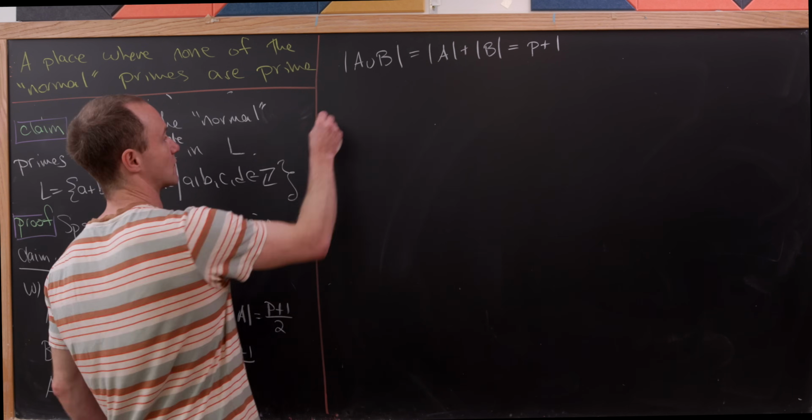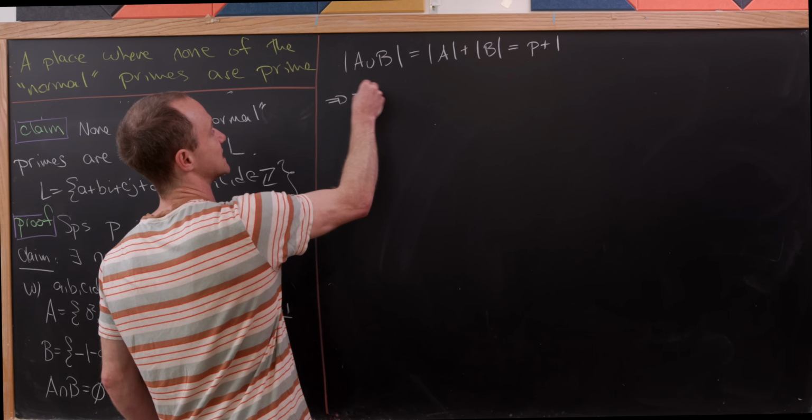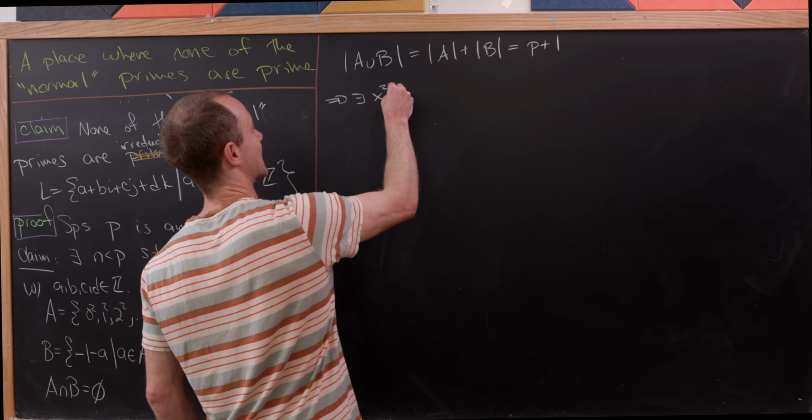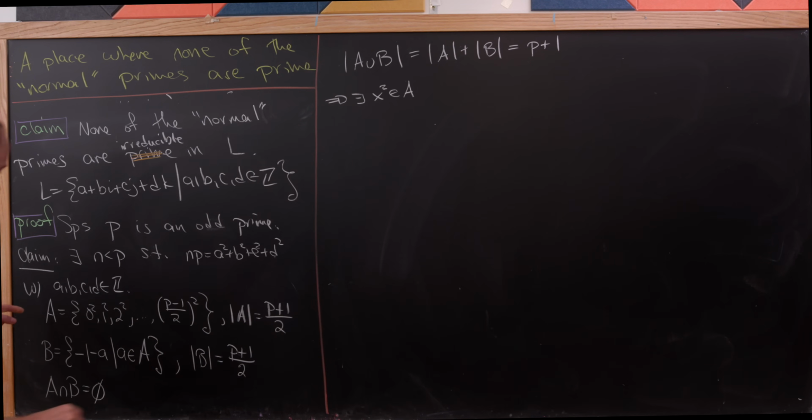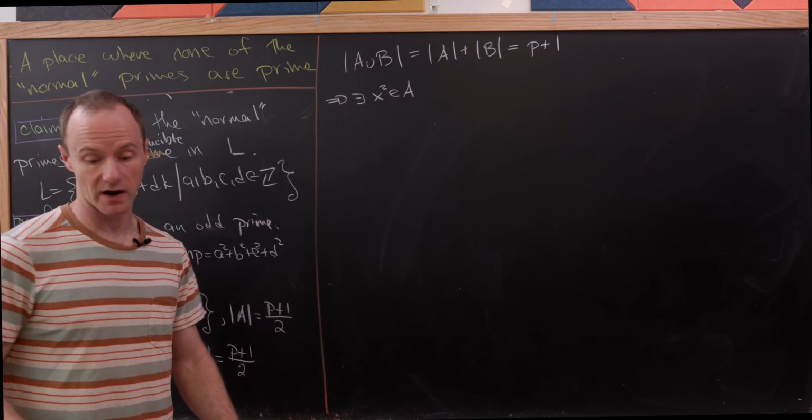So in other words, there exists something that I'll call x squared inside of A. I'm going to write it as x squared because everything inside of A is a square.